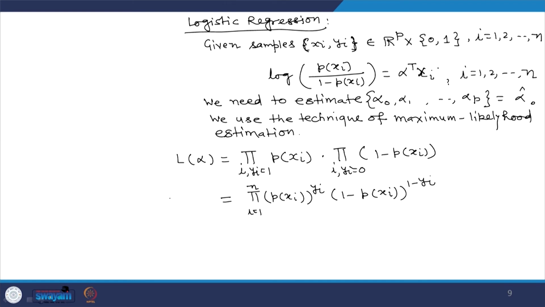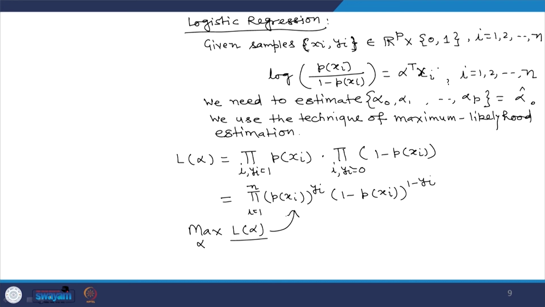Now, we will maximize this L(alpha) and find the alpha which maximizes this function; that will be my optimal choice of the coefficients alpha.